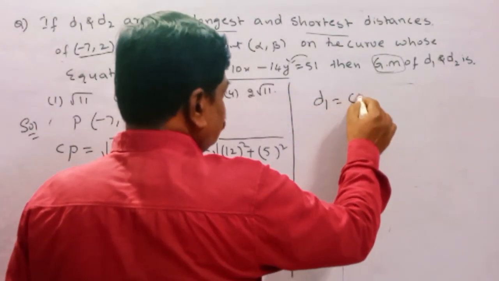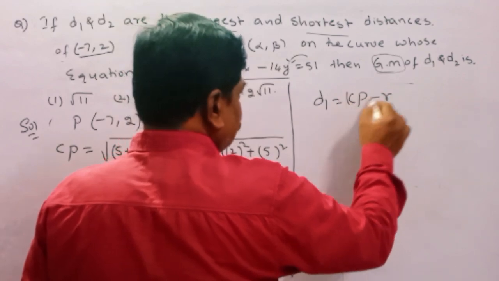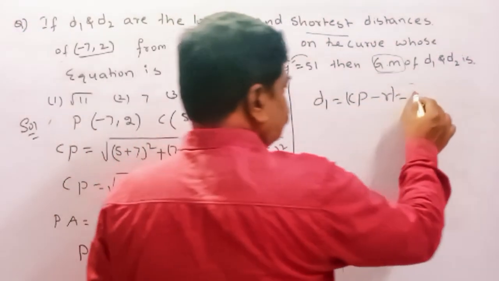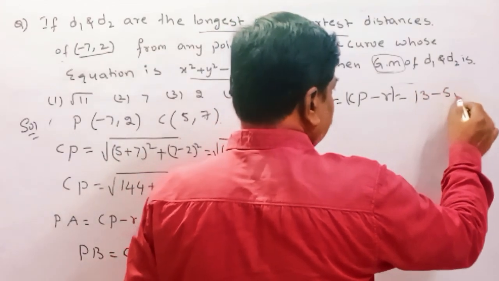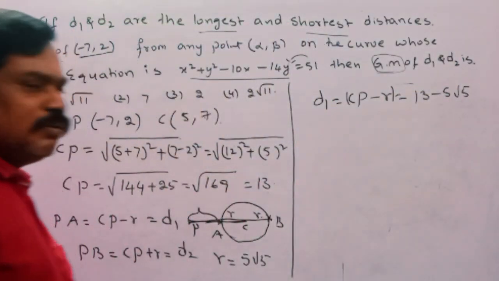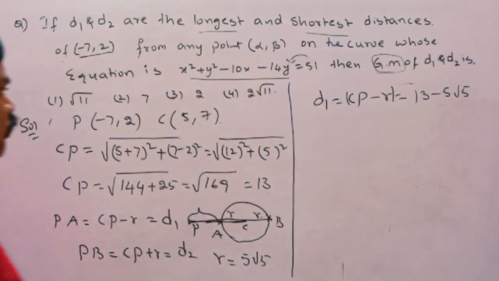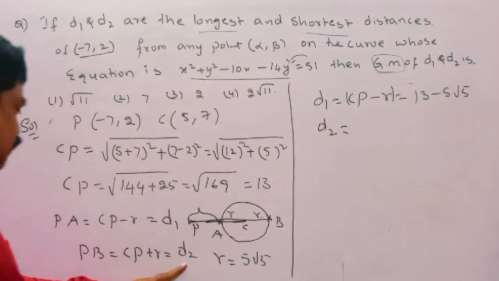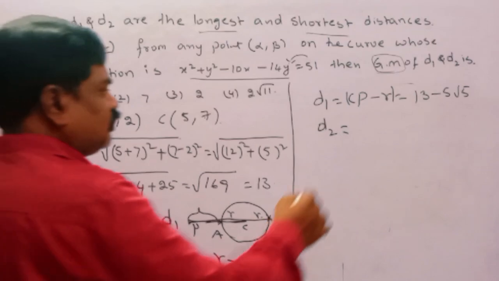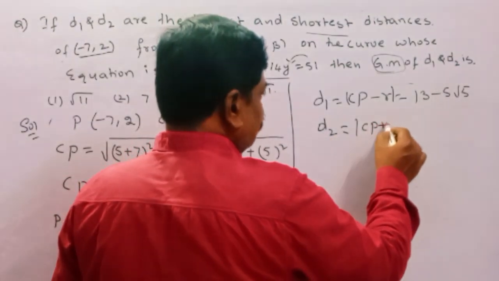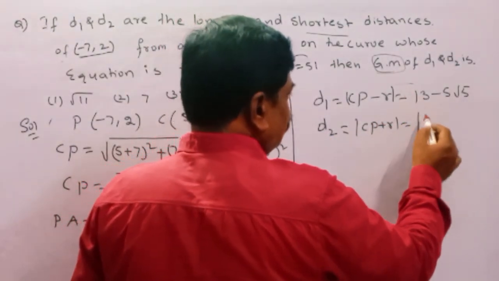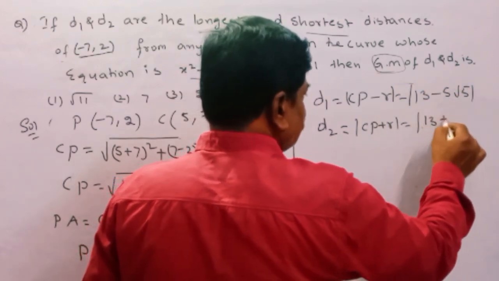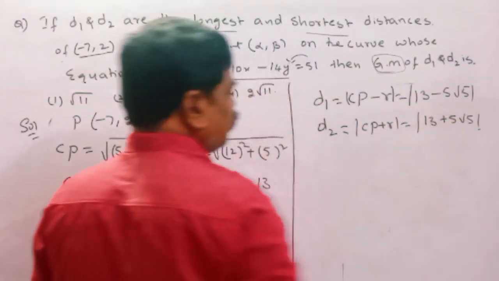D1 is equal to CP minus R. What is CP? 13. So D1 is 13 minus 5 root 5. Then what is PB? D2 is equal to CP plus R, which is 13 plus 5 root 5.